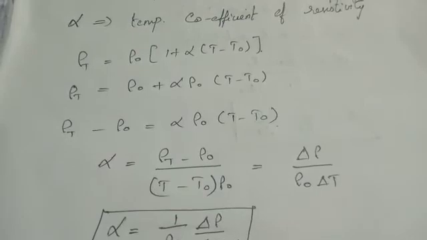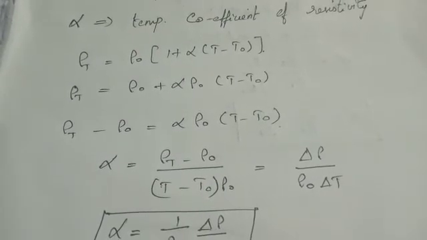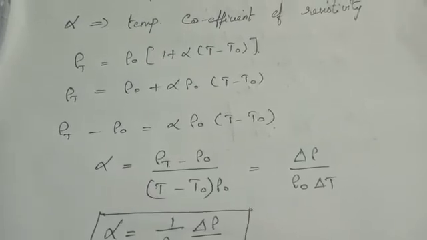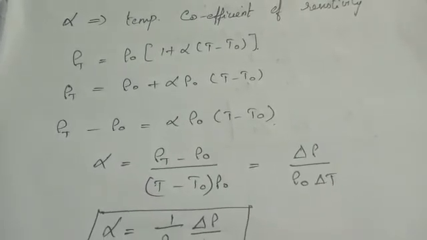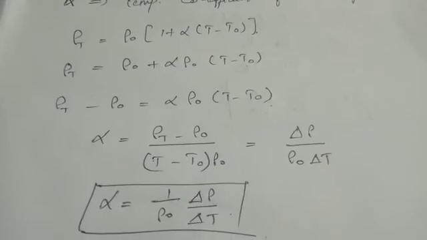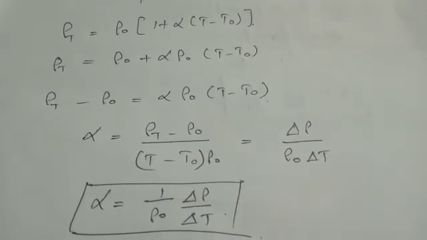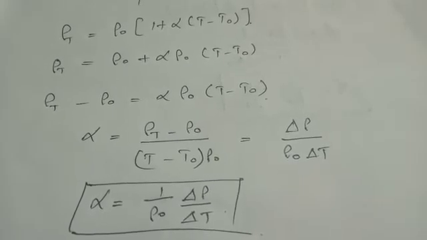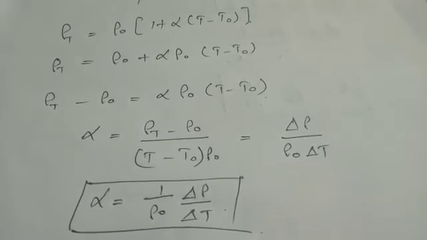Rearranging that equation, rho t minus rho naught is equal to alpha rho naught into t minus t naught. So you have to find out the temperature coefficient: alpha is equal to rho t minus rho naught divided by rho naught into t minus t naught.